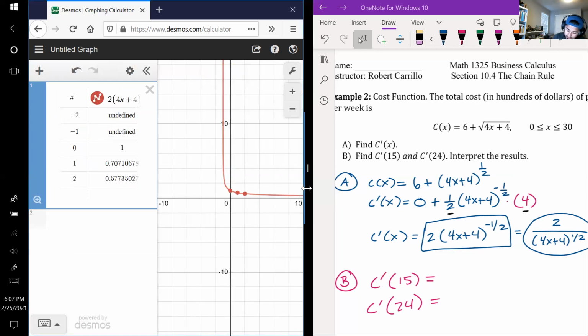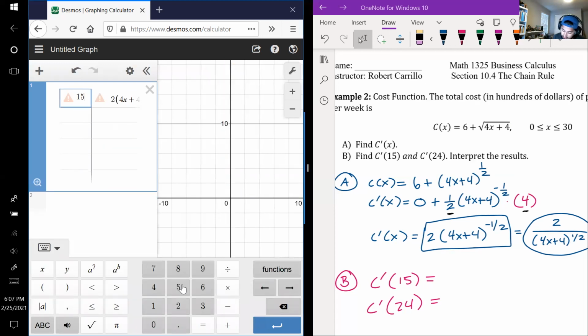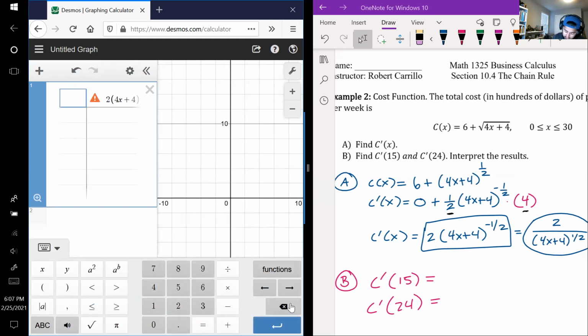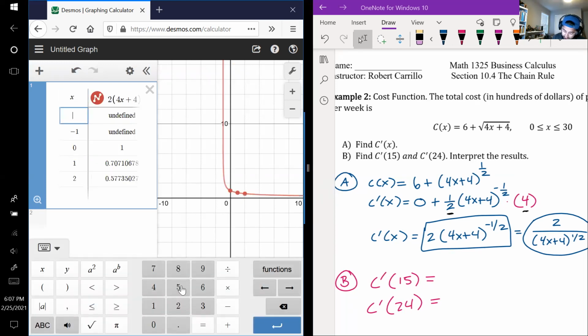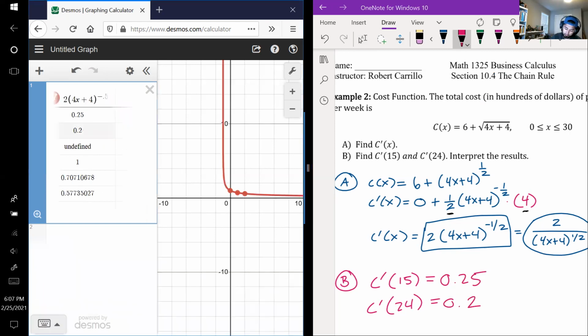Come on, there we go. And we're typing in 15. Oh, no, not up there. I messed it up. No, that's x. Okay, 15 and 24. There we go. So I get 0.25 and 0.2. All right, back to the notes.